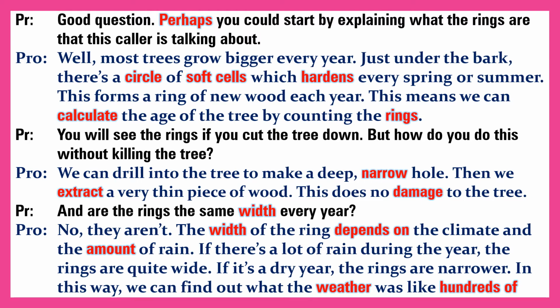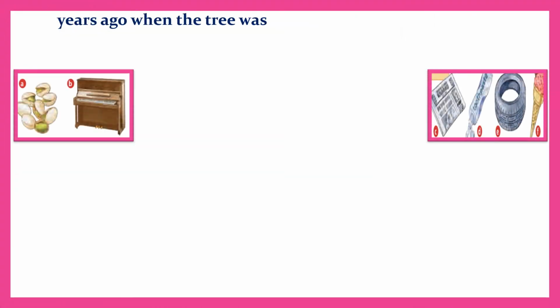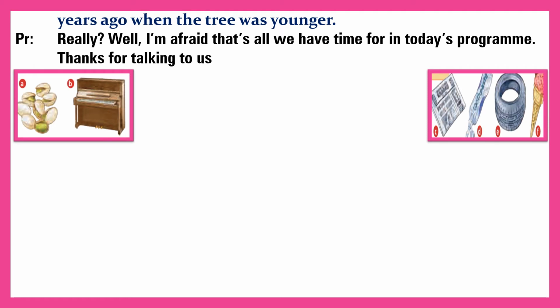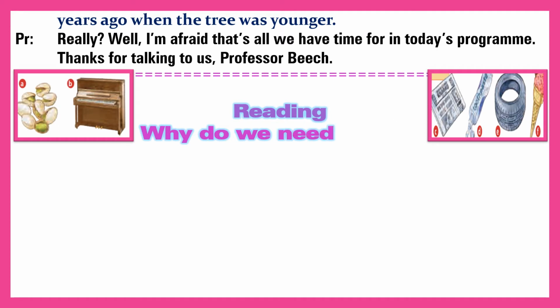In this way, we can find out what the weather was like hundreds of years ago when the tree was younger. Presenter: Really? Well, I'm afraid that's all we have time for in today's program. Thanks for talking to us, Professor Beach.